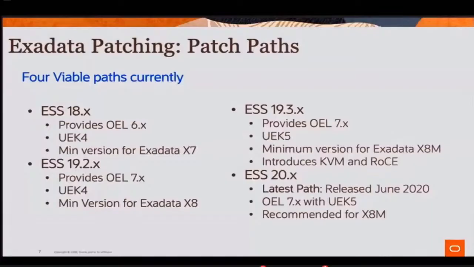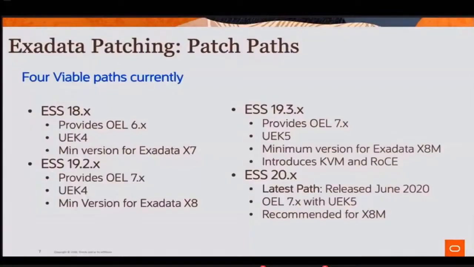ESS 18.x provides you with OEL 6.x with UEK version 4. All Exadata X7 and above should minimally have ESS 18.x. Any customer with hardware X7 or below who wants to remain at OEL 6 must choose this path as their patch option.